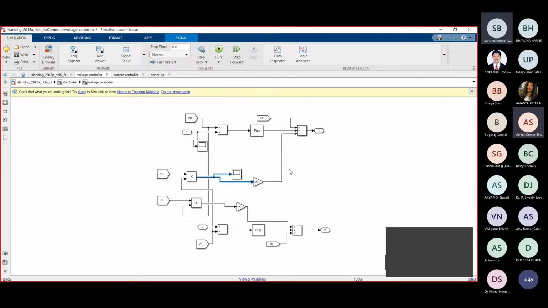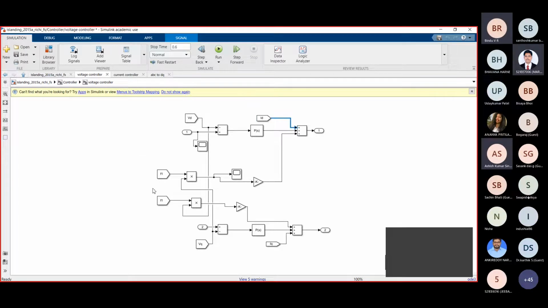By using this type of technique, we can get a single-input, single-output system. Then we simply use the PI controller. By using simple PI controllers, we can control the whole system. Here this is the decoupling term, and here I am considering ID.